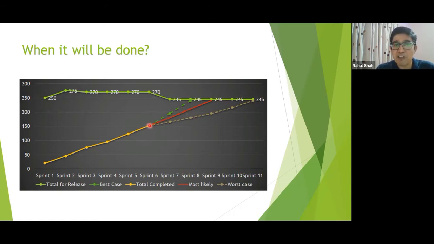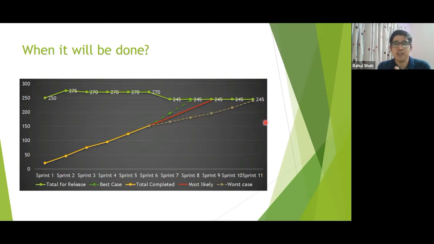Jira certainly will show you in the epic burndown chart and the release burndown as well, if you are going at this velocity, when your epic will be completed and when you will be able to do a release. However, it probably won't show the best case and worst case scenario.